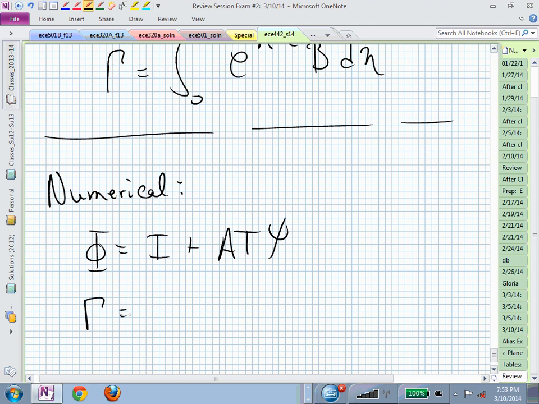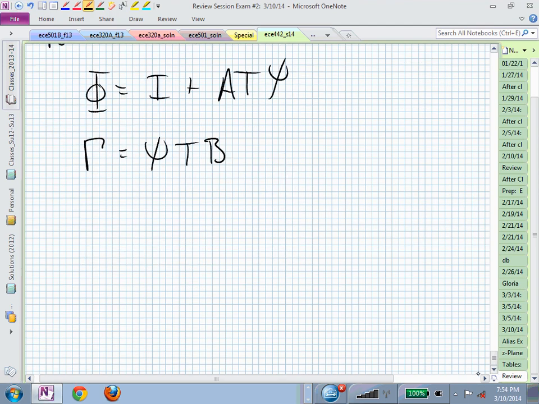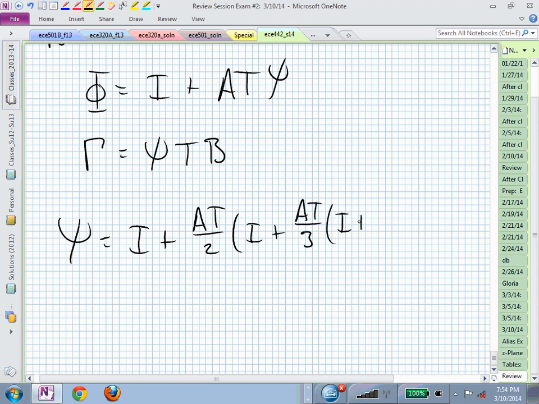Gamma is now psi times tB, where psi is now I plus At over 2 times I plus At over 3, I plus At over 4.